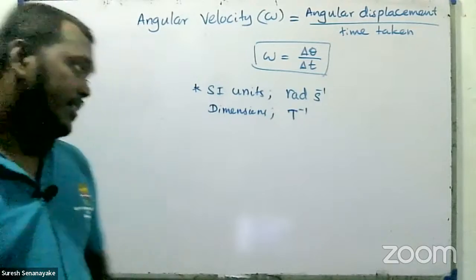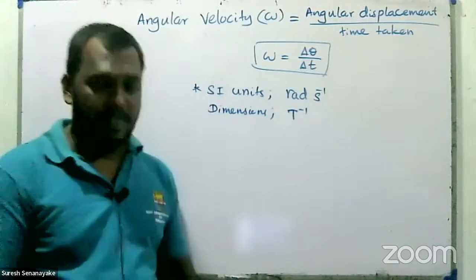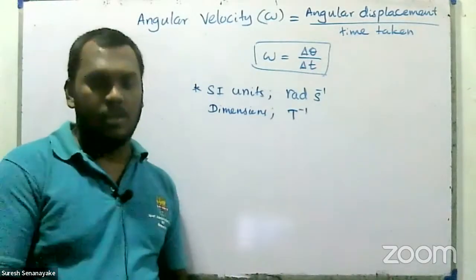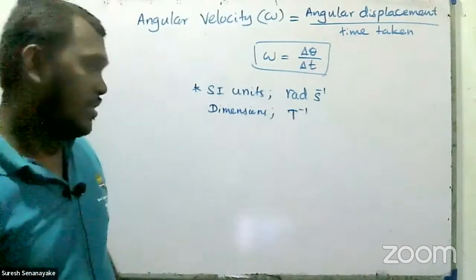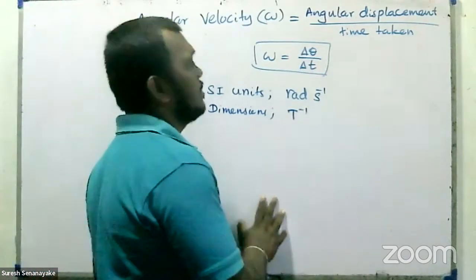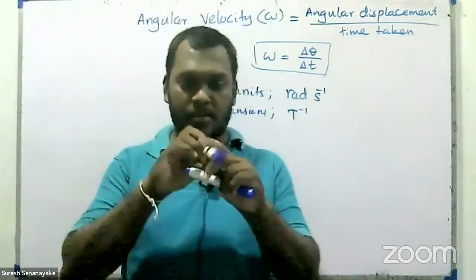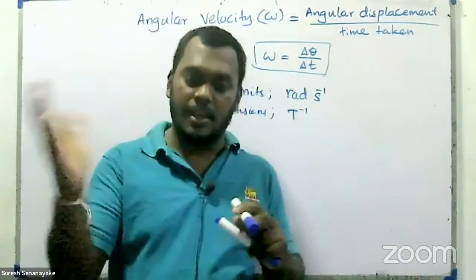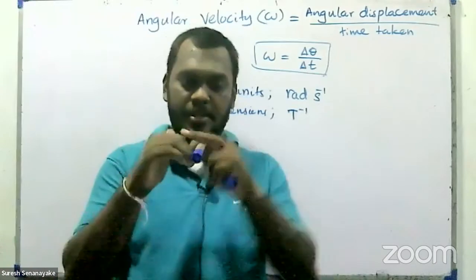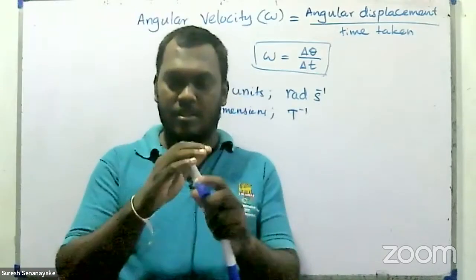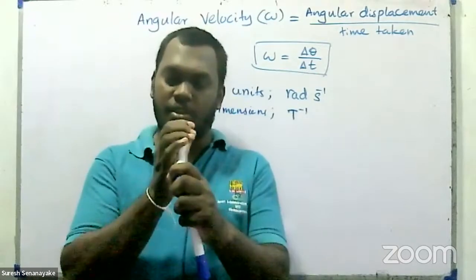Since it is a vector, we need to know how to get its direction. By using the right hand corkscrew rule, you can find the direction of the angular velocity. If the body is rotating in one direction, you curve your right hand fingers in the direction of the rotation.